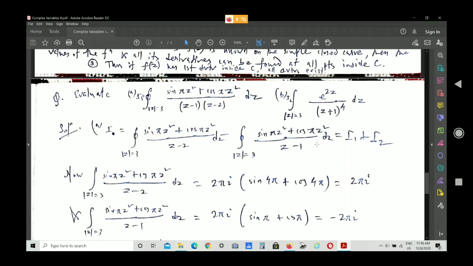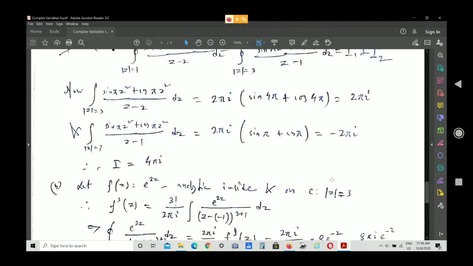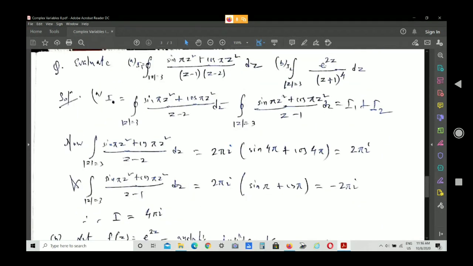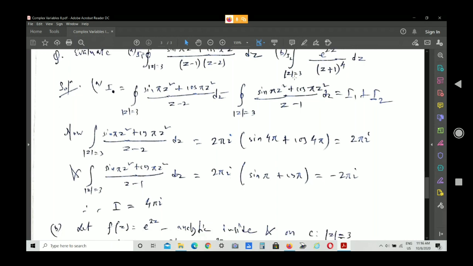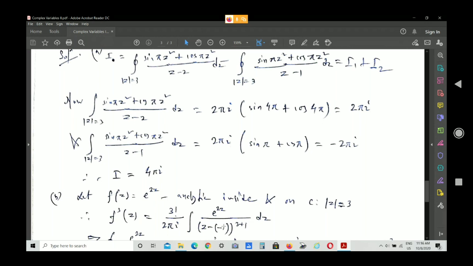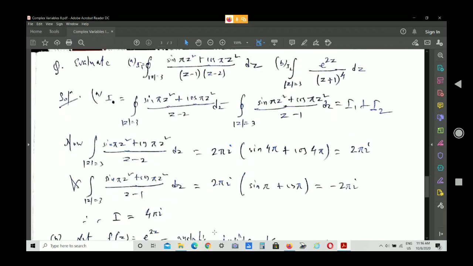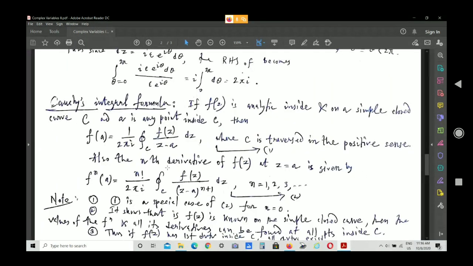So maybe this integral formula will be applicable now. We have to take f of z as e to the power 2z, which is analytic everywhere. So it is analytic inside and on this curve also. So the value of this integral is... this integral formula has another part also.